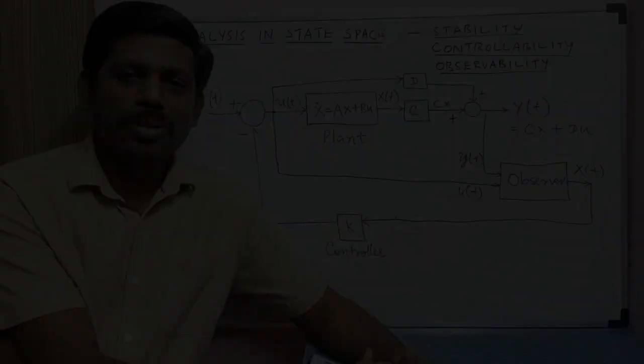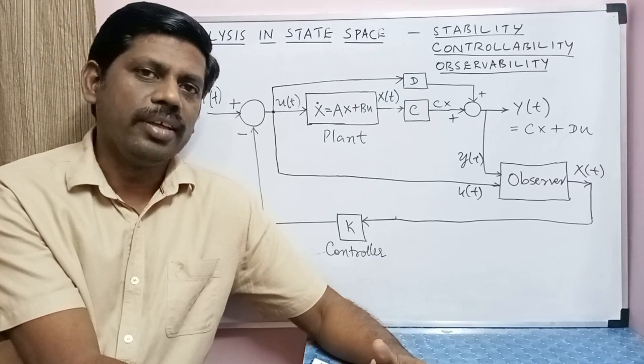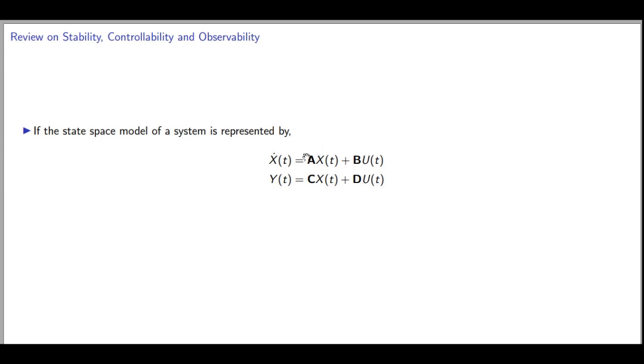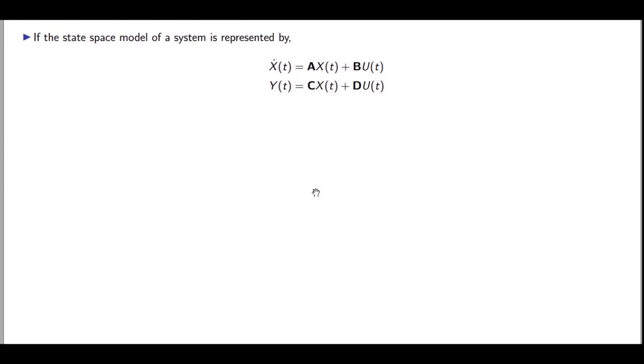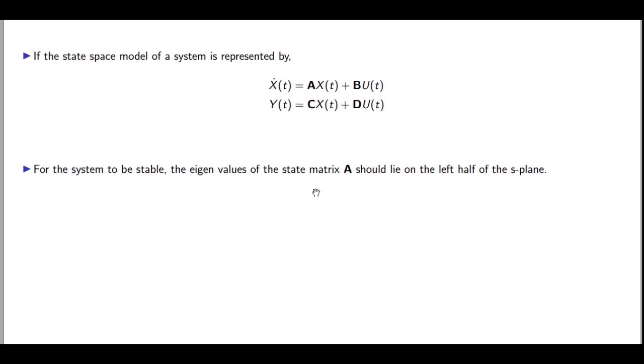Before going into the topics of this lecture, we will have a quick review of what we learned in the previous lecture. If the state space model is represented by this state equation and output equation, then I can do a stability analysis on the system by locating the eigenvalues of the state matrix A on the complex plane.